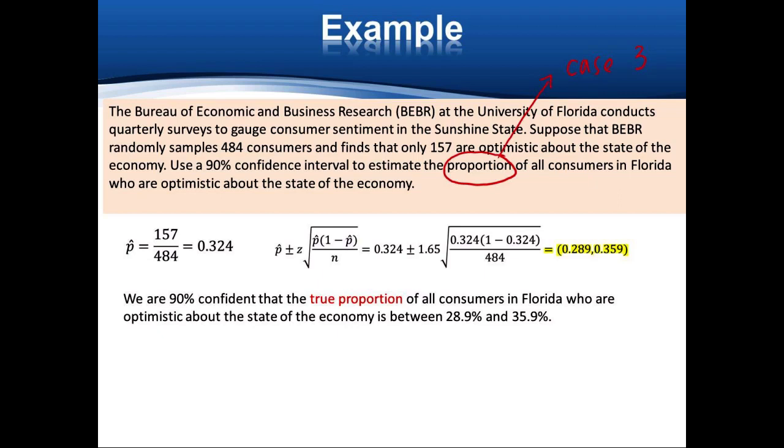That is, we are 90% confident that the true proportion of all consumers in Florida who are optimistic about the state of the economy is between these values. Because this is a proportion or percentage problem, we can also say it is between 28.9% and 35.9%. That's all for this video.